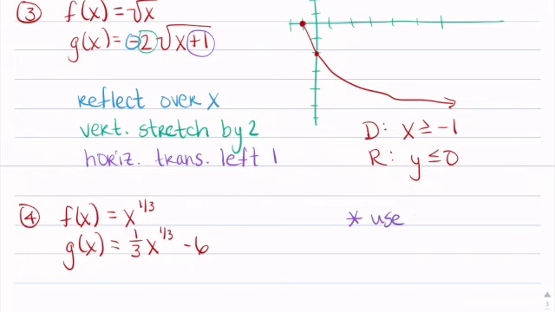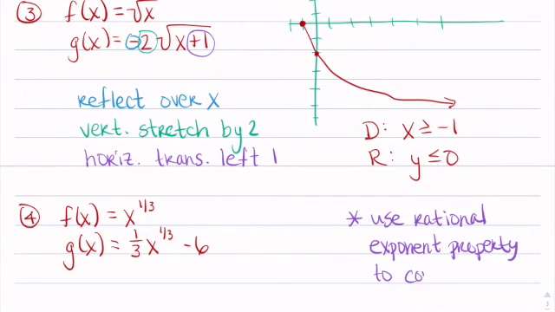And so we're going to use the rational exponent property to convert the exponent, because we want to change that to a radical, because that's how we know how to deal with things, is when they're under a radical.